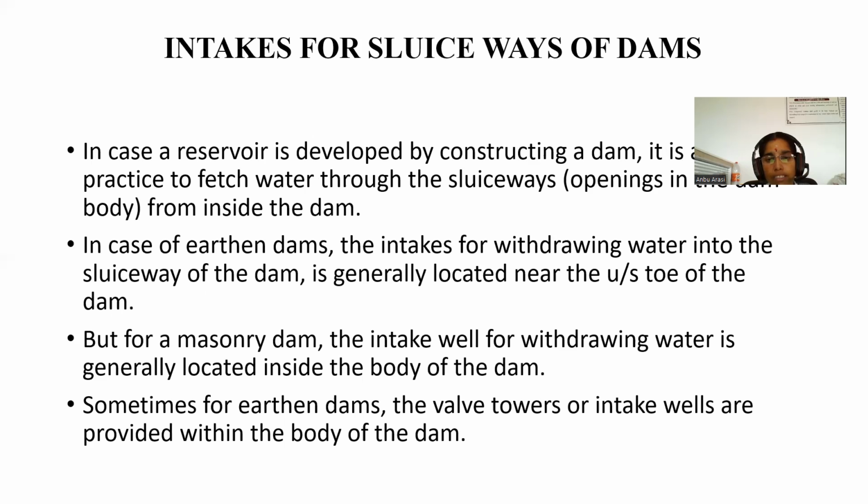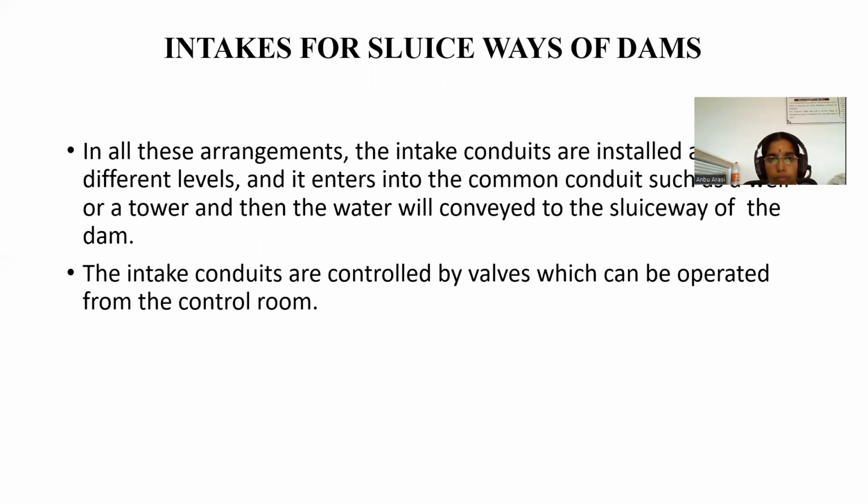But for a masonry dam, the intake well for withdrawing water is generally located inside the body of the dam. Sometimes for earthen dams, the wall towers or intake wells are provided within the body of the dam.